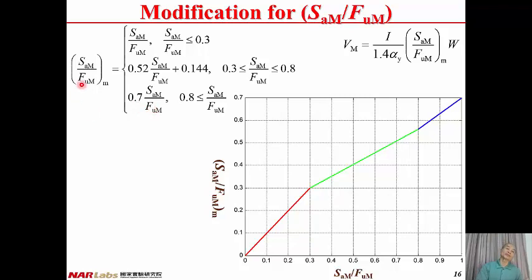Therefore, the ratio with modification is 70% of the ratio without modification. When SAM divided by FUM lies between 0.3 and 0.8, we use linear interpolation to make the curve continuous, and SAM divided by FUM modification equals 0.52 SAM divided by FUM plus 0.144.